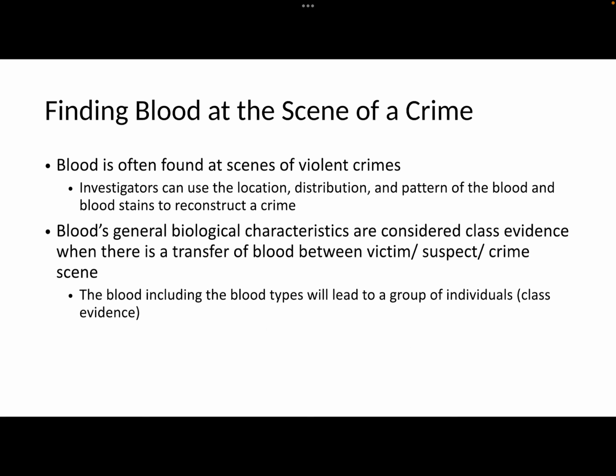So whenever blood is found at scenes, it's often going to be violent crimes. It may have been where someone was jumped. There may have been weapons involved, like a stabbing or a shooting, things like that. And investigators are going to be able to use the location of where they're finding blood, the distribution of blood.